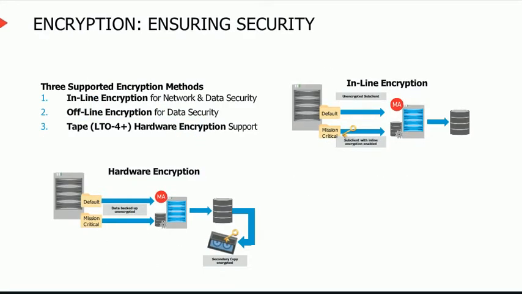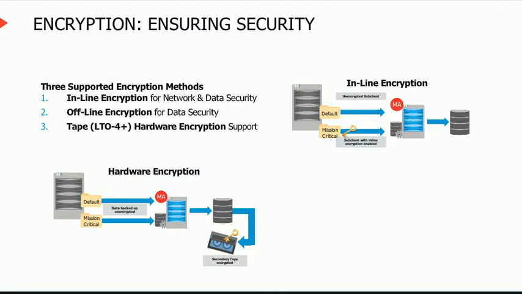Encrypting data is an essential part of data protection, especially when data is being placed on removable media. If a tape is stolen with sensitive information on it, the information on that tape may be compromised and cause significant security risks for an organization. CommVault software offers 3 methods to encrypt data. Inline encryption will encrypt data during the backup job.